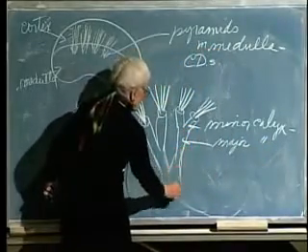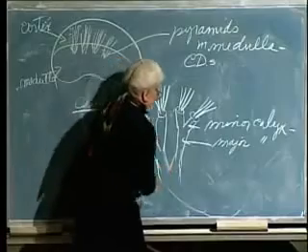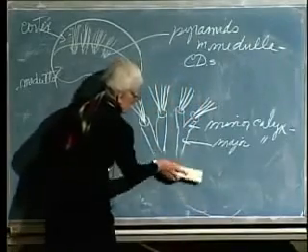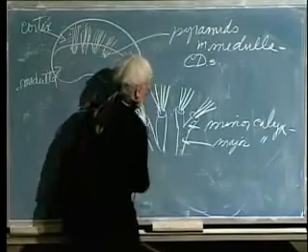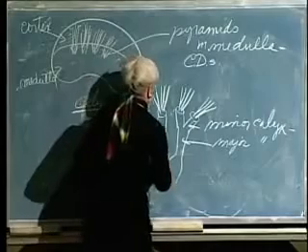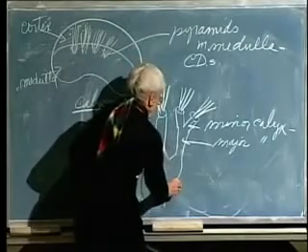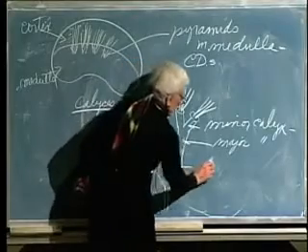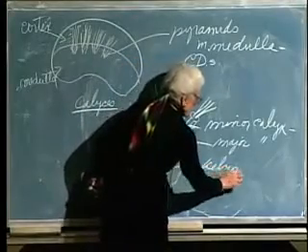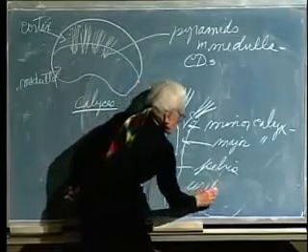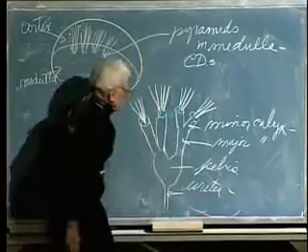And then the major calyces come together and will form, clean this up a bit here, excuse me, the pelvis of the kidney. And then that's the pelvis of the ureter. This will be the pelvis. And our ureter will be here as we continue down.